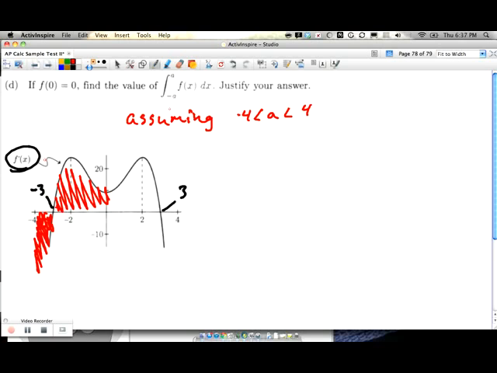That's our constant. Well, if we're looking at these two areas, from negative a to a, that means that it would be 2 times the integral from 0 to a of f of x.